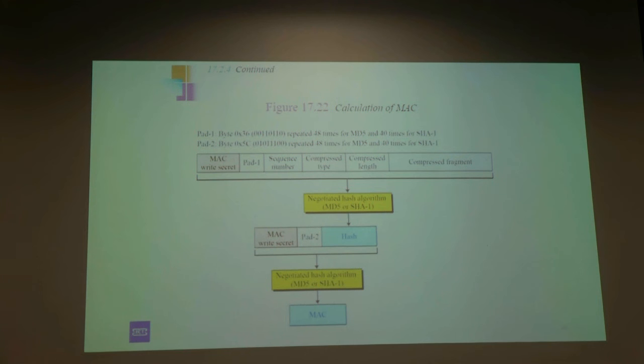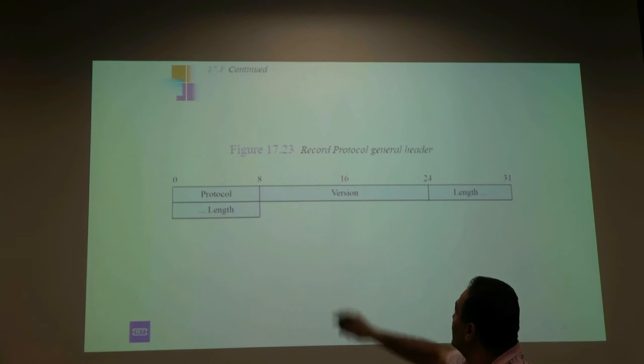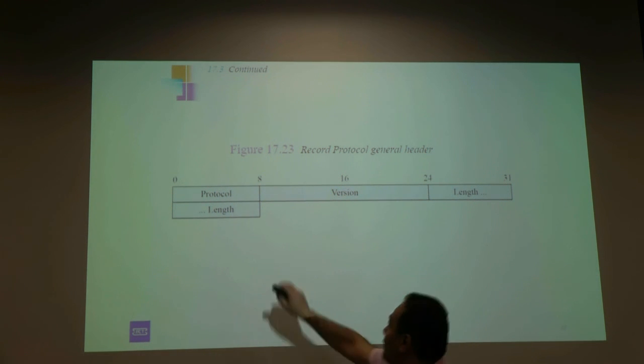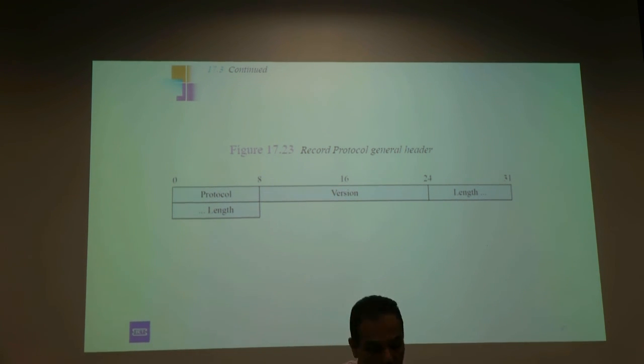Now the record protocol general header. It has the protocol, the version, and the length. What do you think the protocol field will have? It is a 1 byte field that defines the source and destination of the encapsulated message. It is used for multiplexing and demultiplexing.